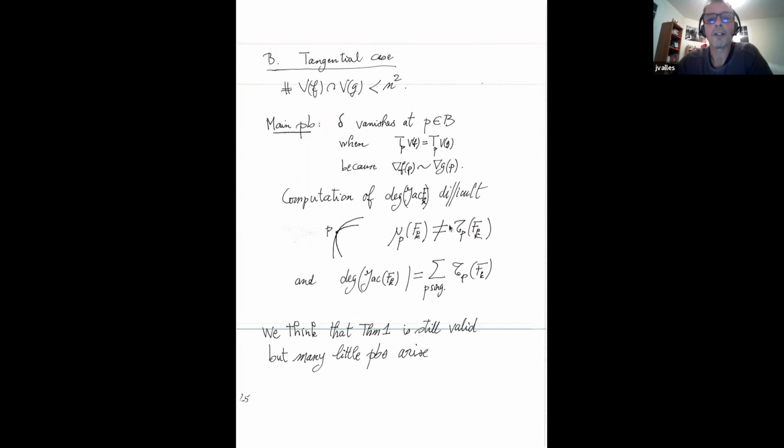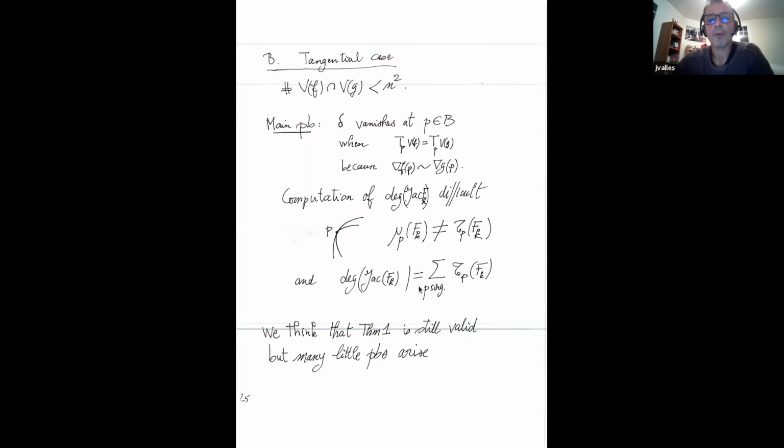And now new difficulties arise, because in general, if they do not meet transversally, the Milnor and the Tjurina number will differ, and it becomes very difficult to compute the degree of this Jacobian.